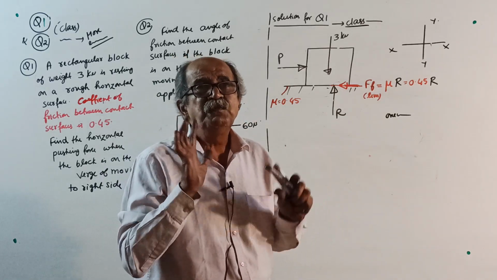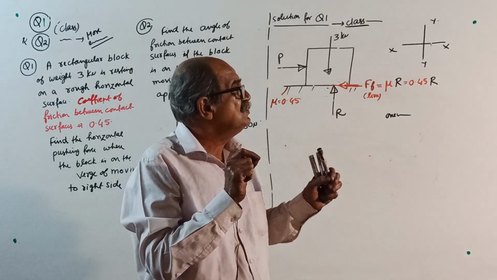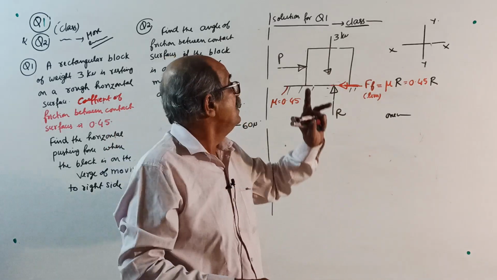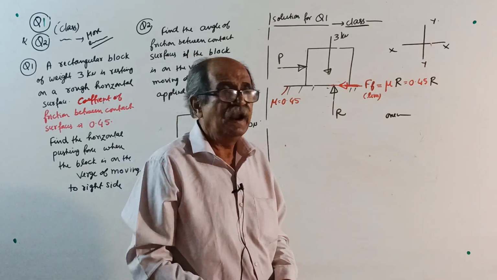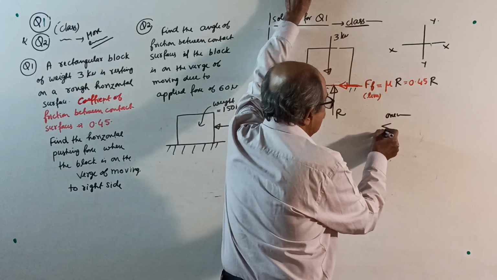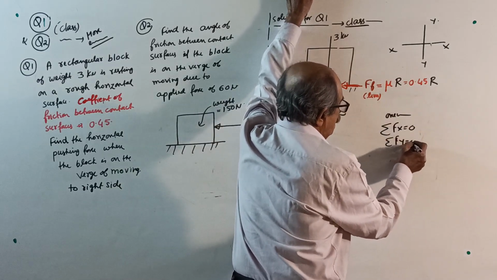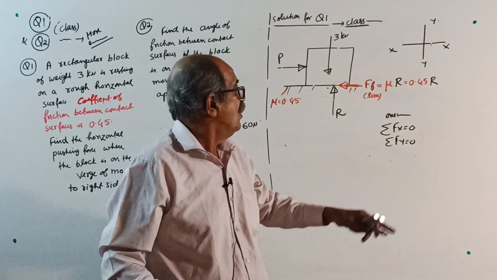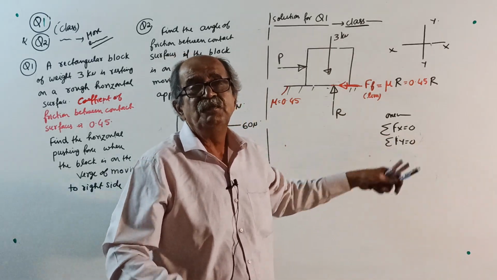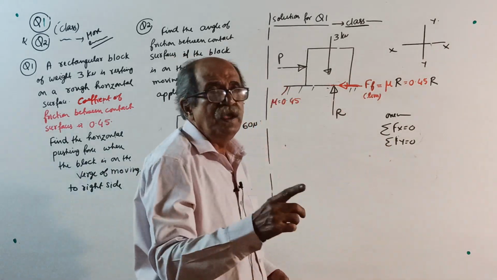On the verge of moving means still it is at rest. A little more force, it will move. Therefore, basic conditions of static equilibrium are still applicable, namely sigma Fx equal to 0 and sigma Fy equal to 0. The algebraic sum of the force components of the entire force system along x-axis equal to 0 and also along y equal to 0.